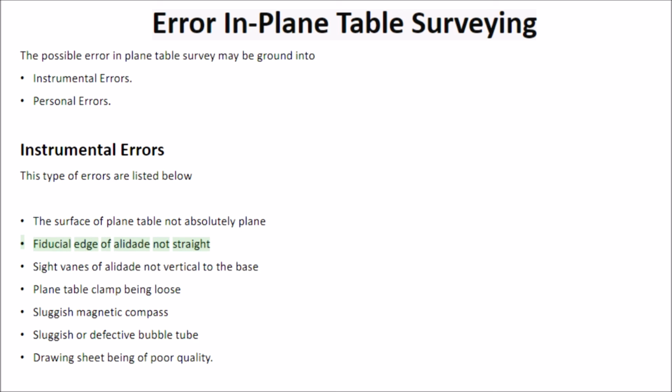Fiducial edge of the alidade not straight. Sight vanes of the alidade not vertical to the base. Plane table clamp being loose. Sluggish magnetic compass. Sluggish or defective bubble tube. Drawing sheet being of poor quality.